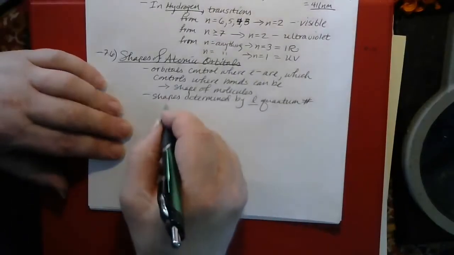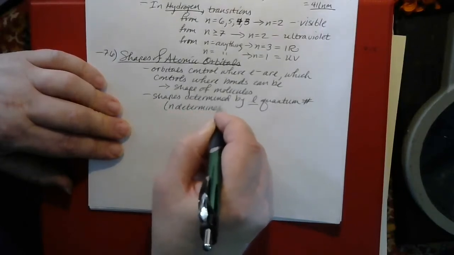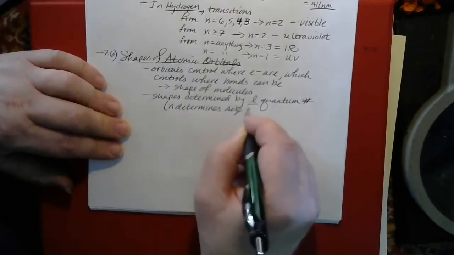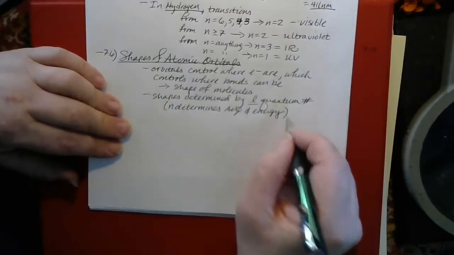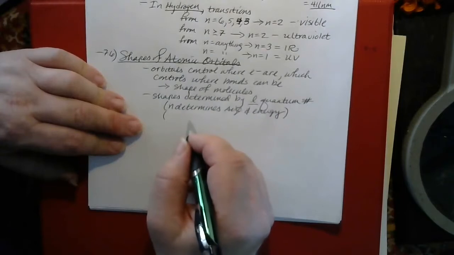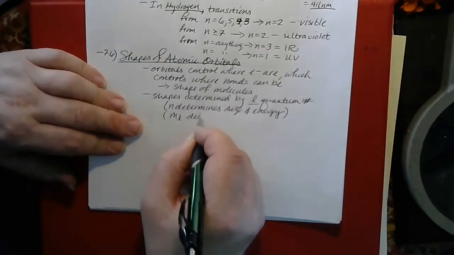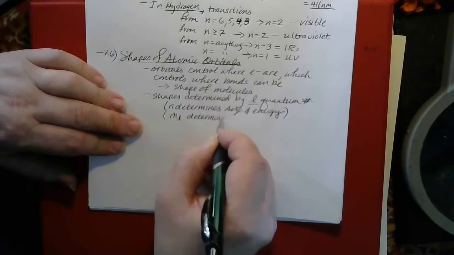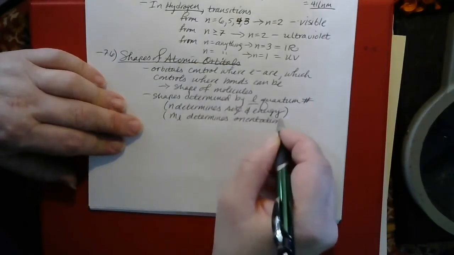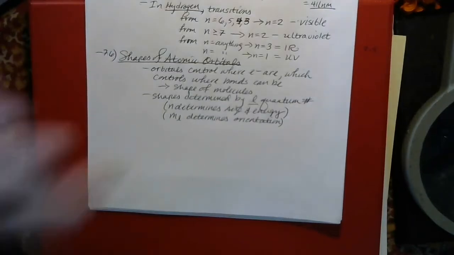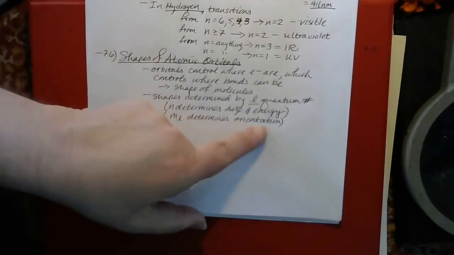And it's basically the N quantum number that determines size and energy of the orbitals. And M sub L decides which particular example of that type of orbital you're talking about, or in other words, what is its orientation?